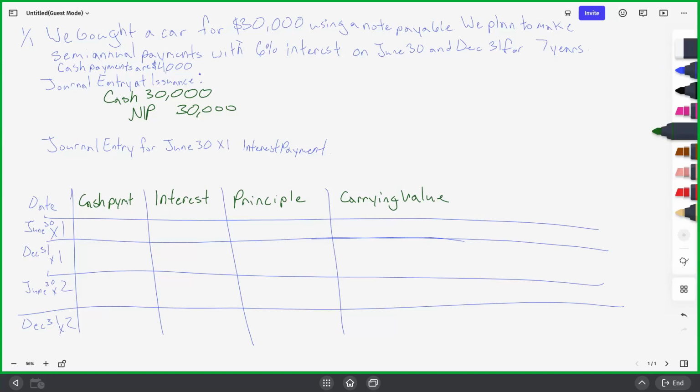So we started off, I should have made an extra little date here for where we started off at 30,000. We're just going to toss it over here with Jan 1st right next to it. We know where that came from. Cash payments, we were given, so we're just going to toss it down on here.